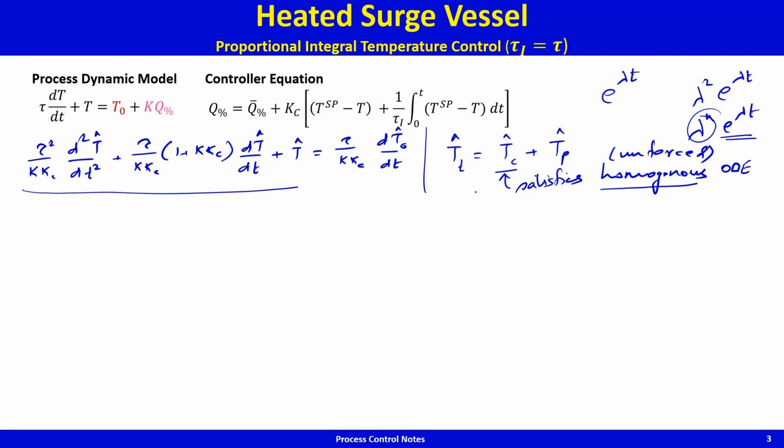And TP is a particular solution that satisfies the forced ODE. Note that TP will have the same form as the forcing function, because the left hand side must be equal to the right hand side.